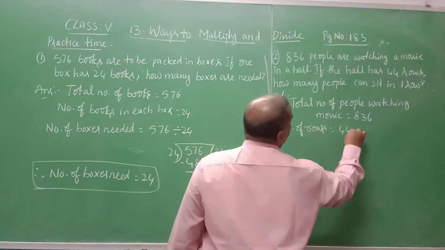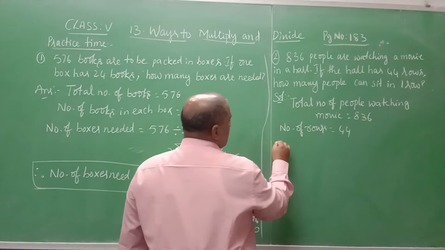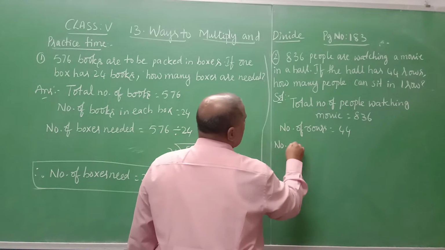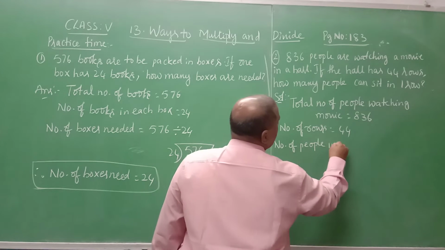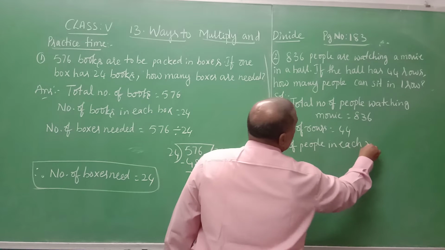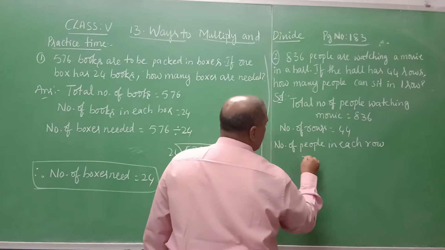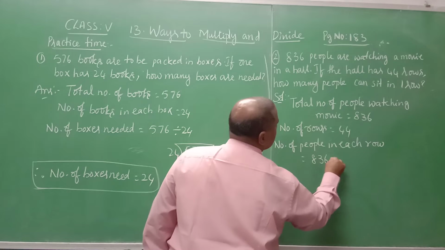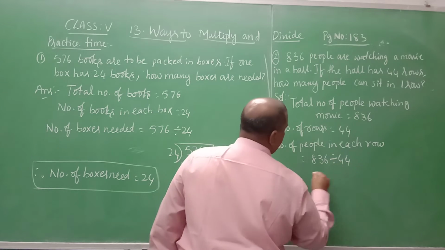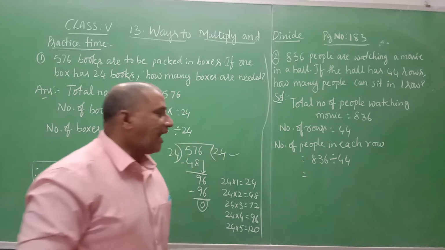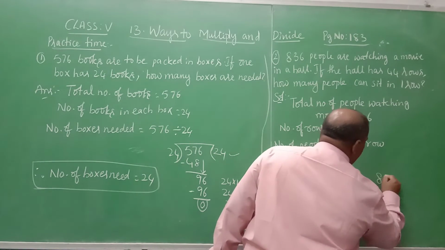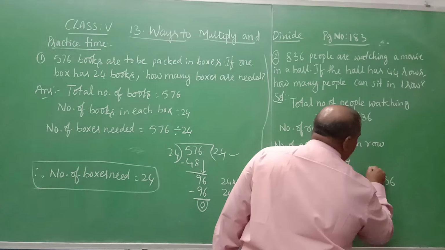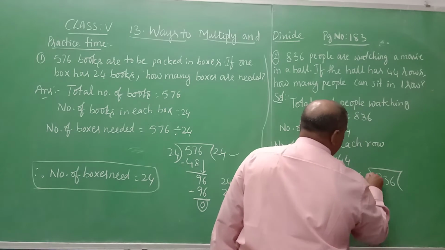It is 44 rows. Now, number of people in each row is equal to 836 divided by 44. Now we have to divide 836 with 44.